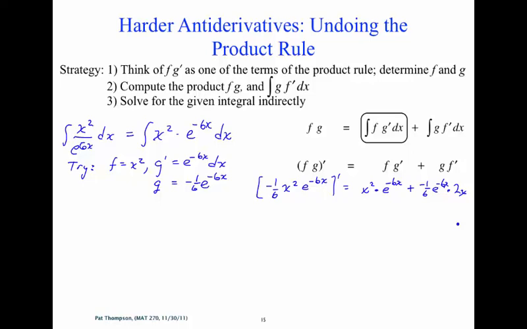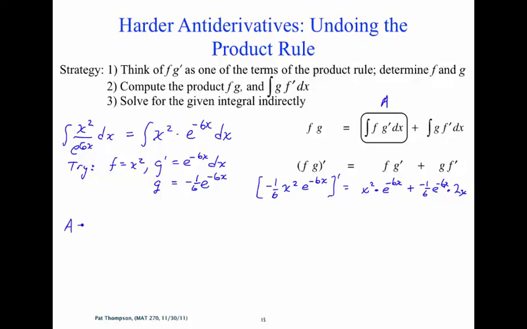So this is our product rule that this problem is based upon. They're asking us to find the antiderivative of this one right here, right? And we know in the product rule that this f times this g would give this derivative. Okay? So again, we'll call this our integral, our answer. And so our answer A is going to be f times g minus the integral of g f prime.